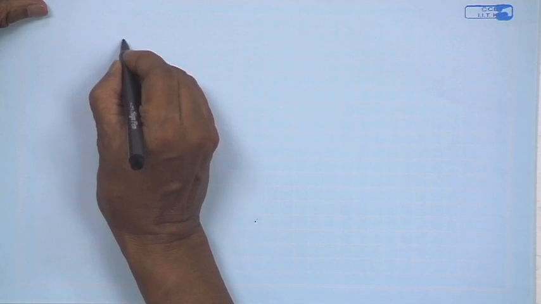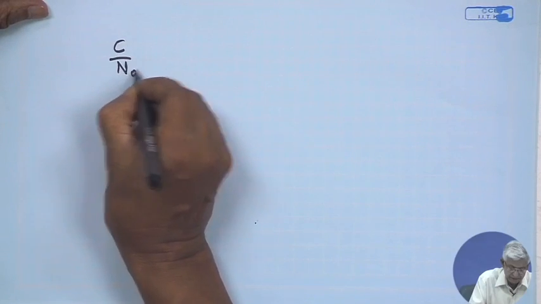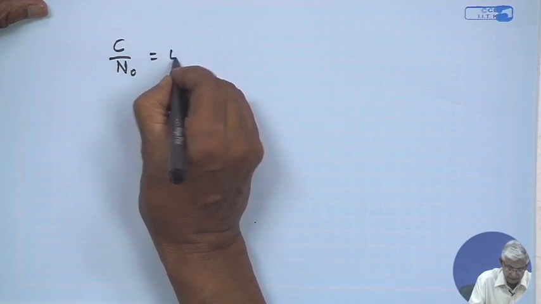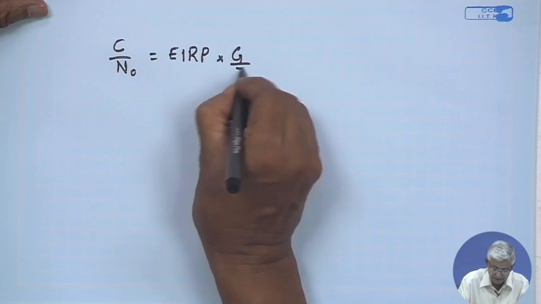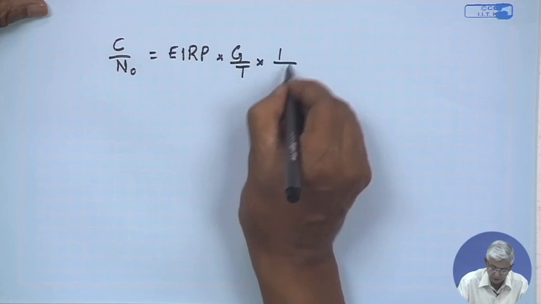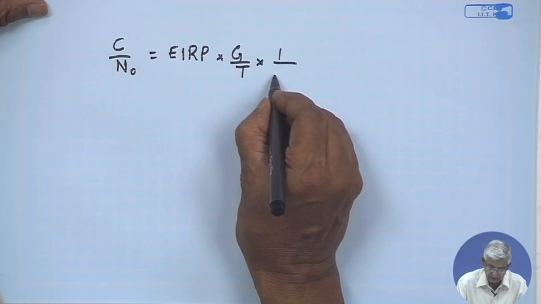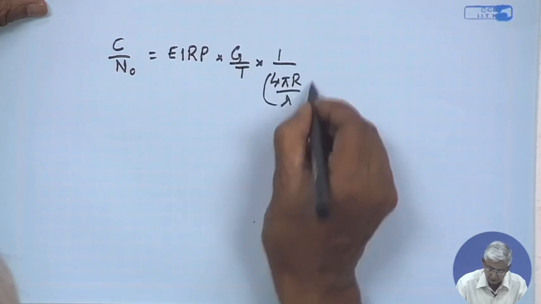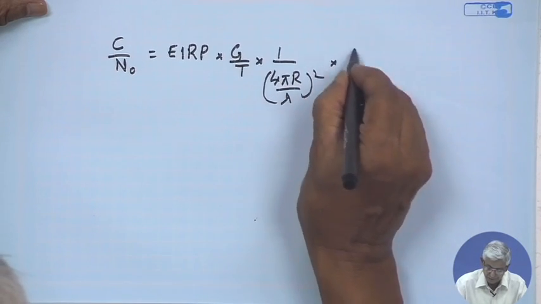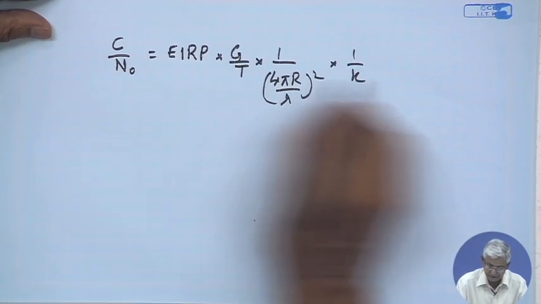One is, when you write in ratio, it will be C by N naught is EIRP multiplied by G by T multiplied by 1 by, let us call it path loss, or let us write the same thing, 4 pi r by lambda square, into 1 by K, which is in ratio.